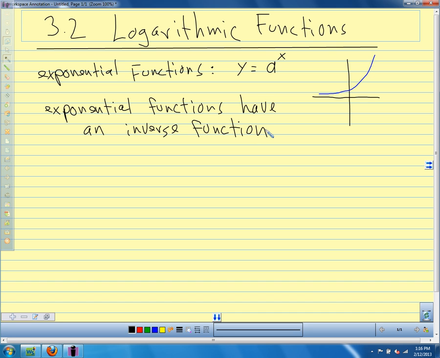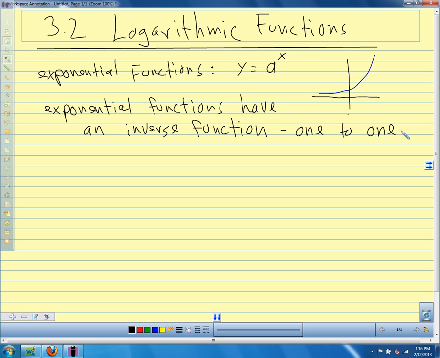Another name for a function that has an inverse function is that it is a one-to-one function. And that means for every x value we get exactly one y value. So our exponential function has an inverse function.